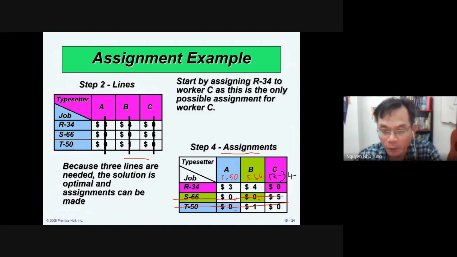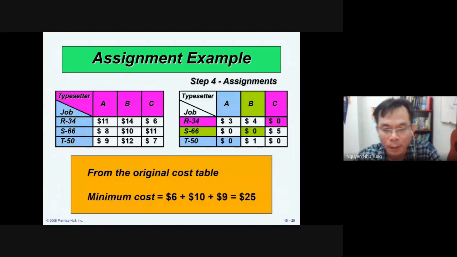But actually, you may calculate the total assignment cost. How can we calculate it? The cost to assign A to do T50 is how much? You have to look back at the initial table. In the initial table, it costs A $9 to finish T50.